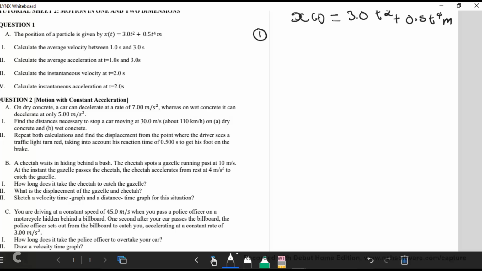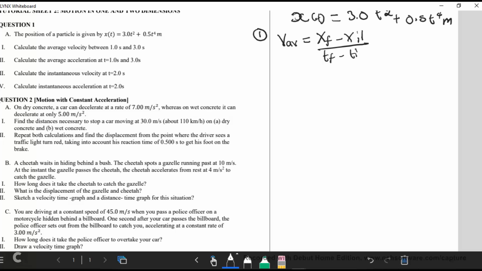So first of all, you write the formula for average velocity. So the formula for average velocity is the change in displacement over the change in time. So if you look at this question, what time you have been given?